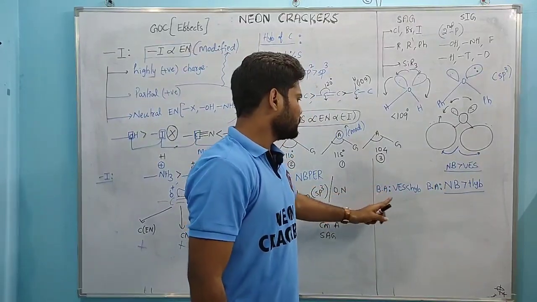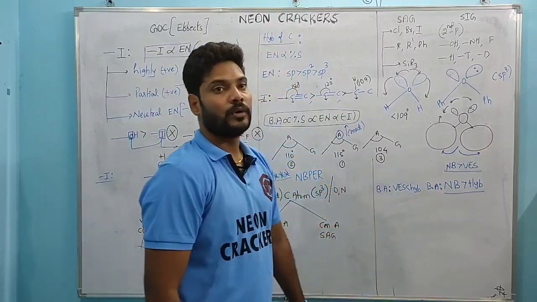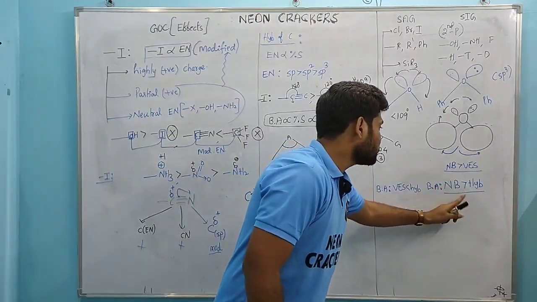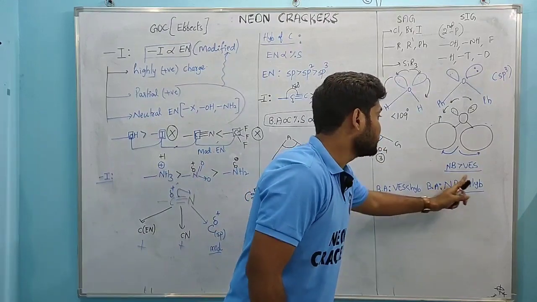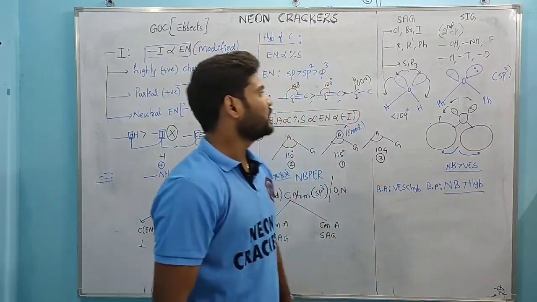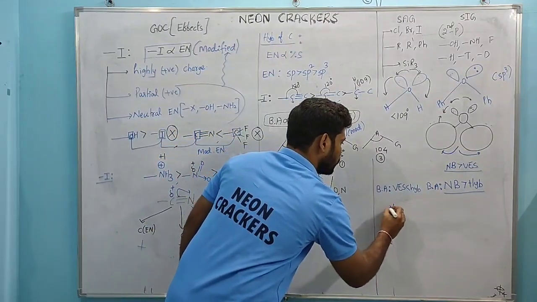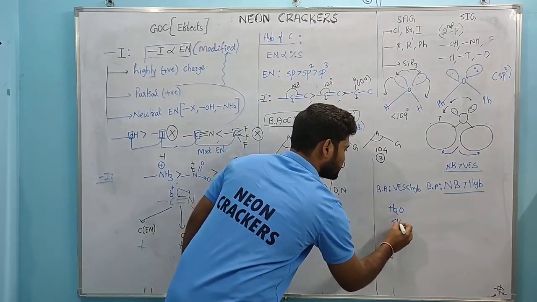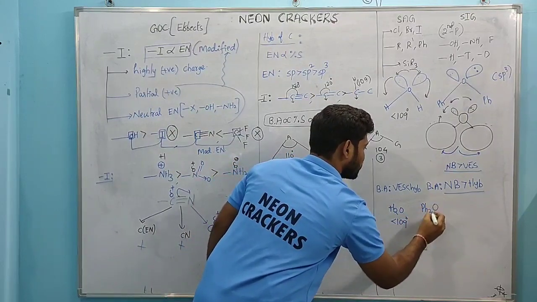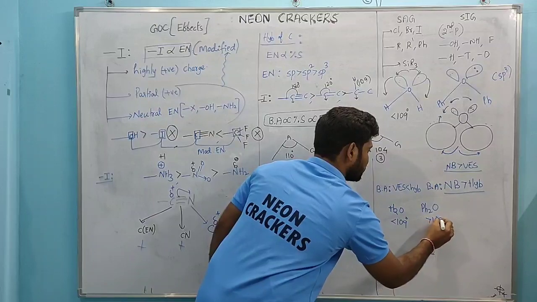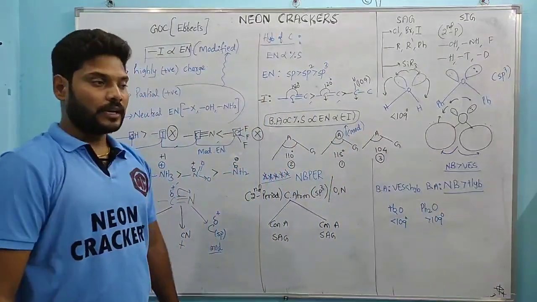So hybridization has the higher angle. But in non-bonding electronic pair theory, bond angle is greater than its hybridization. Now the first one is H2O. What is the bond angle? Lesser than 109. But here Ph2O, what is the bond angle? Greater than 109.